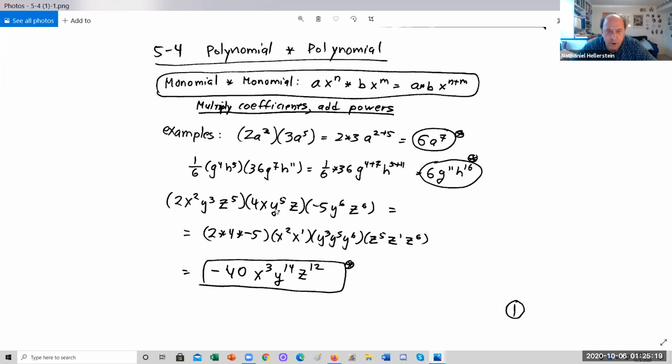Y to the third, y to the fifth, y to the sixth. Add 3 plus 5 plus 6, get 14, y to the power 14. Z to the fifth, z to the first, z to the sixth. Add the powers and get 12. So negative 40, x to the third, y to the 14th, z to the 12th.